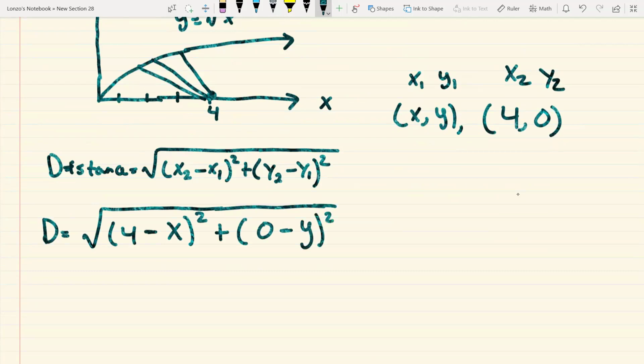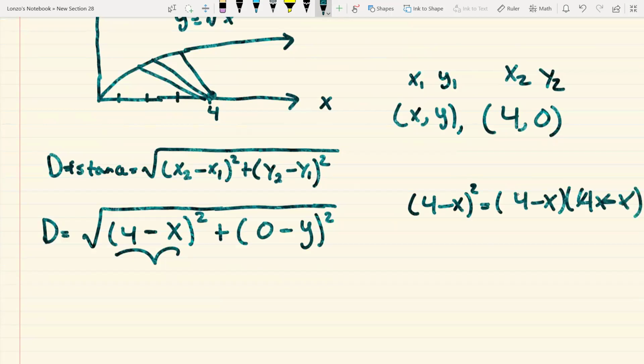Let's see if I can clean this up. What's 4 minus x squared? Well, you could do the long way, like split it out one by one. I don't want to do that. I'm going to do the shortcut. The shortcut comes from this rule, a minus b squared equals a squared minus 2ab plus b squared, right? So we just got to figure out our a and our b. So my a is 4 and my b is x.